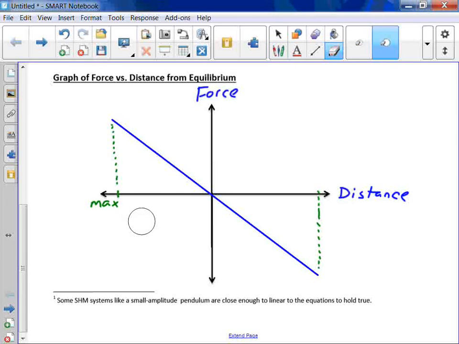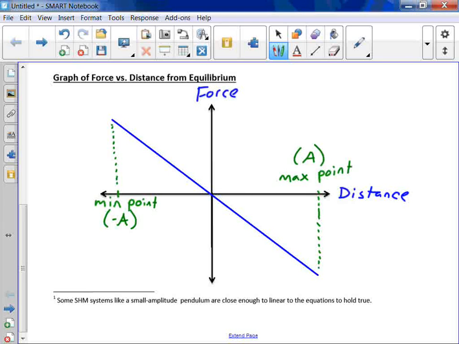We should do min and max. A stands for amplitude.